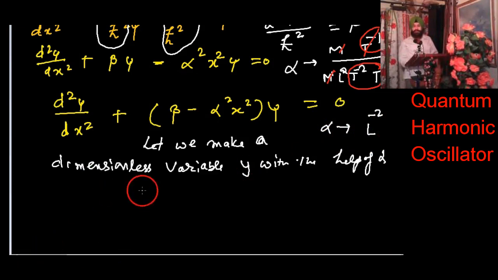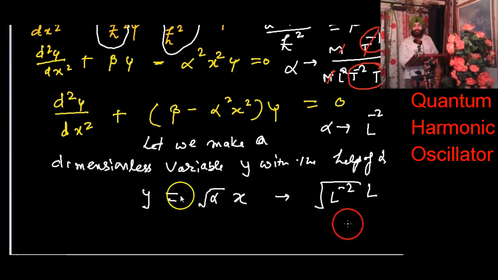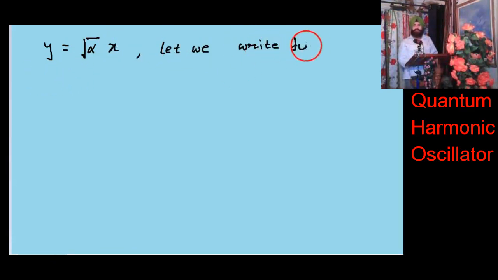And how do we do that? y equals root alpha x. Root alpha x means root of L raised to power minus 2, and L. So y becomes dimensionless. Y is root of alpha into x.